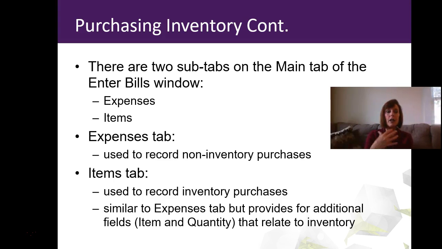If we purchase our items on account, we need to enter the bill so that we know to pay that vendor at some later point. On the Enter Bills window, there are two tabs, the Expense tab and the Items tab, and we need to make sure that we choose the correct tab to correspond to the item that we're purchasing, whether it's inventory or non-inventory.